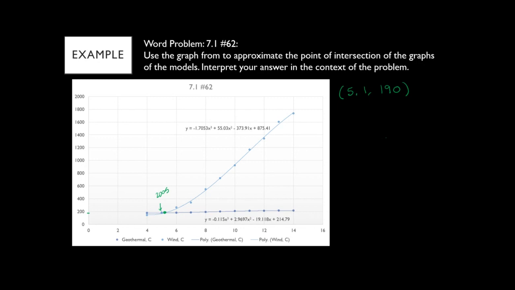So what this means, if we're interpreting our answer in the context of the problem, we could say, okay, if it's about 5.1, there's 12 months in a year. So that's maybe 0.1 is like in February or something like that. So we could say around February of 2005, because it's a little bit after the start of 2005.